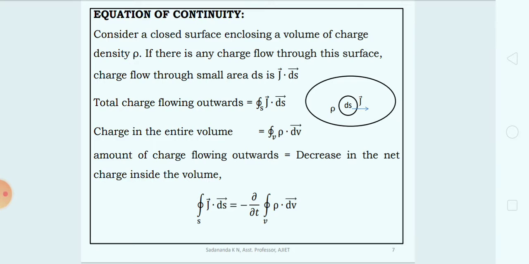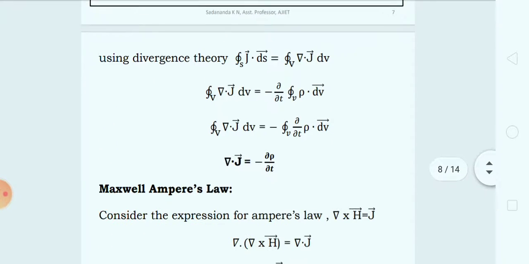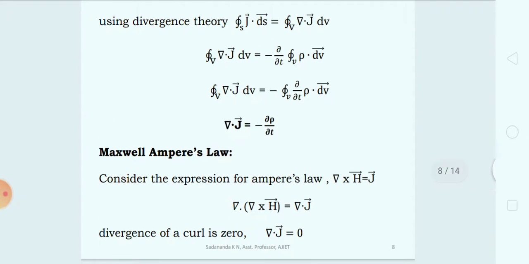must be equal to the decrease in the net charge inside the volume. Therefore in terms of mathematics we can write the surface integral of vector j dot vector ds is equal to minus dou by dou t of the volume integral of rho dv. Now using Gauss theorem, we can write the surface integral of vector j dot vector ds in terms of volume integrals.